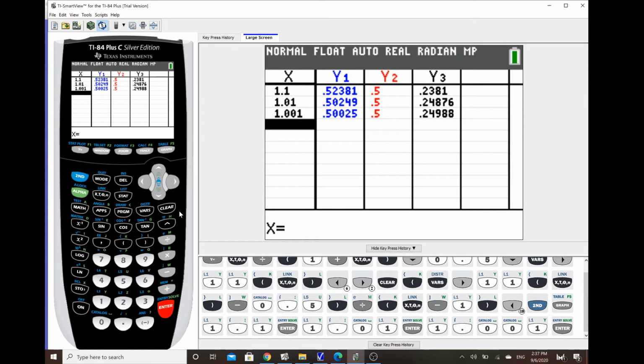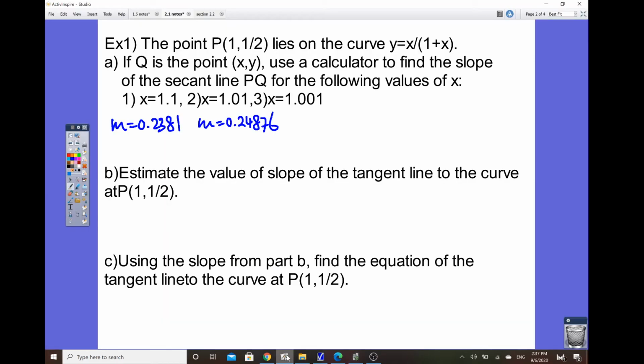Now the slope, compared to the previous one, is getting more accurate because that is getting close to 1. So it's 0.24988. Estimate the value of the slope of the tangent line to the curve at 1, 1/2.